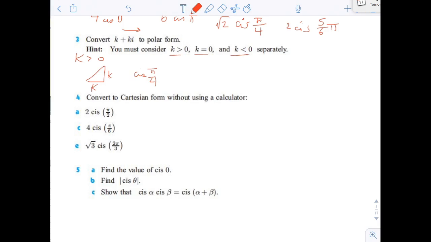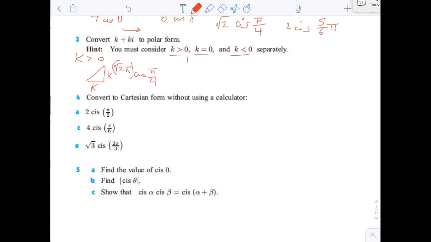And the magnitude is going to be the square root of k squared plus k squared, which is square root of 2 times k. That would be the magnitude because of the proportions of a 45, 45, 90 triangle.